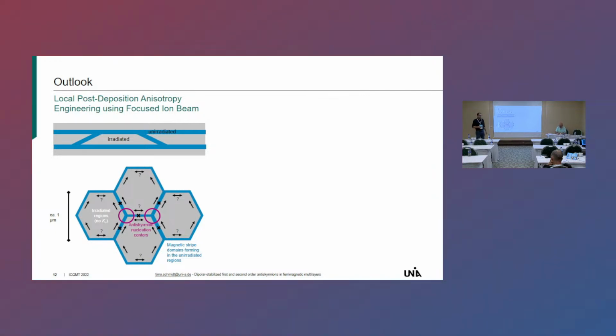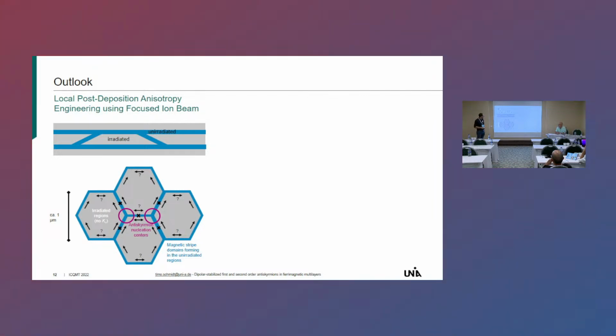As we have seen, anti-skyrmions are more likely to nucleate from these crossing points of the domain walls, so we could use such a structure to get more detail about the nucleation of anti-skyrmions.